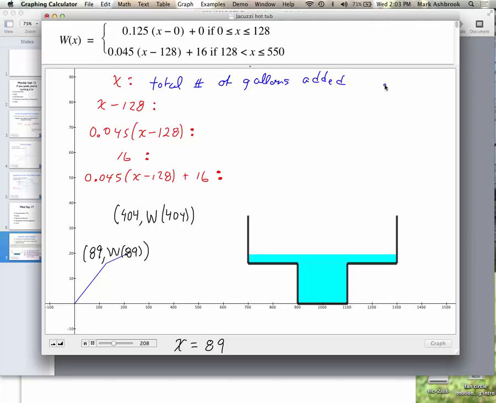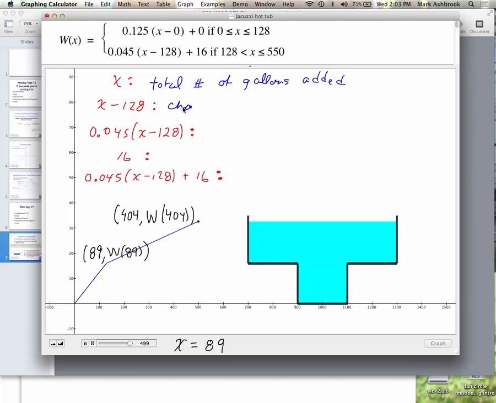The change in number of gallons between x and 128. So maybe from 128 gallons up to x. Right, it's a change in x. It's an added number of gallons from after when we had 128 gallons.